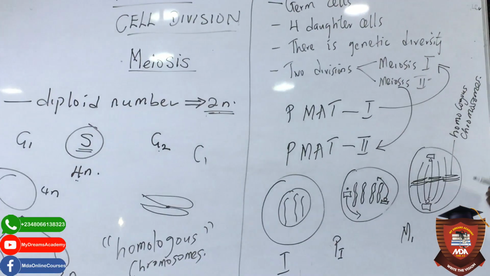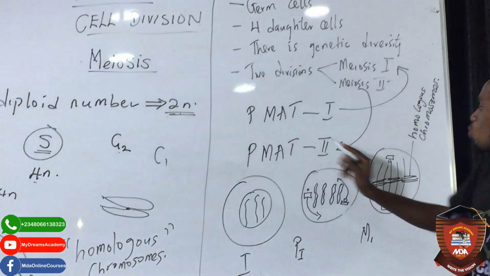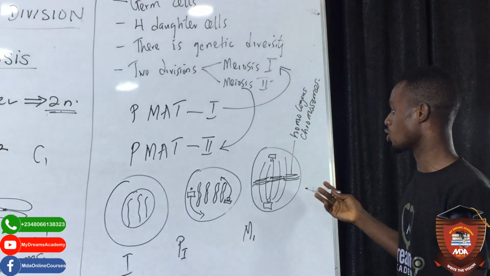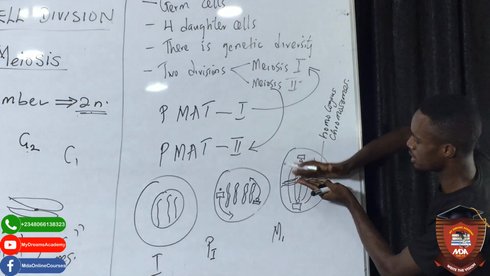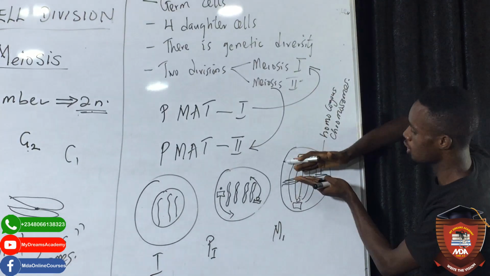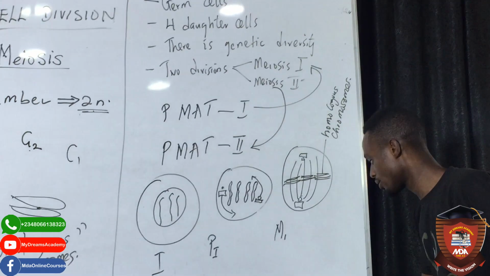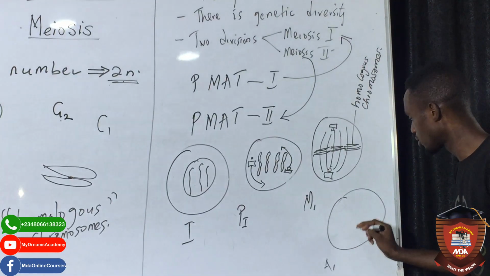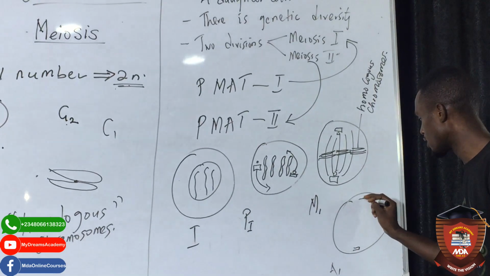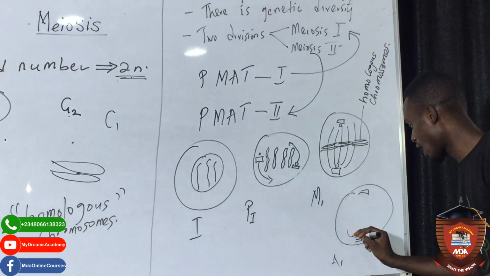Is that okay? Then in anaphase 1, the same thing that happens in mitosis occurs. This homologous pair will separate. So I have homologous pairs separating. So to this other side, I have anaphase 1, A1. I have centriole, I have chromosome.